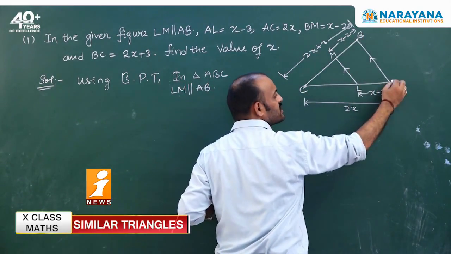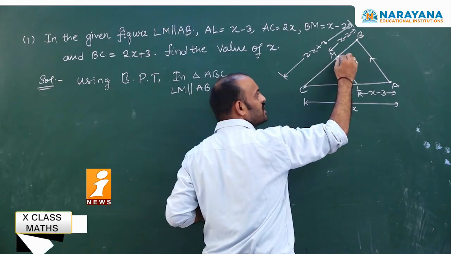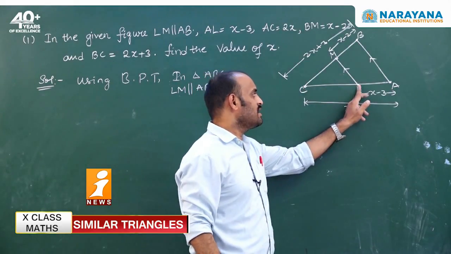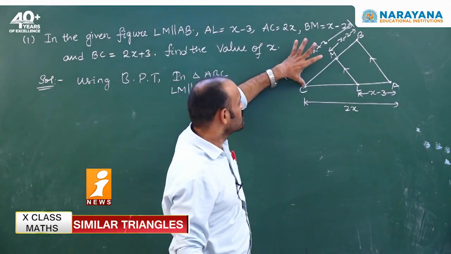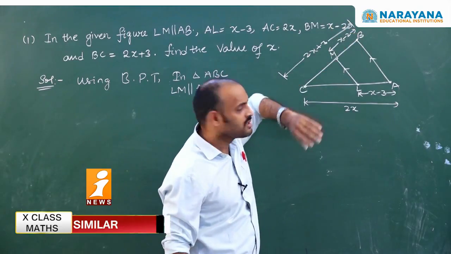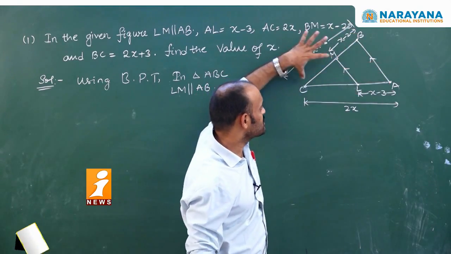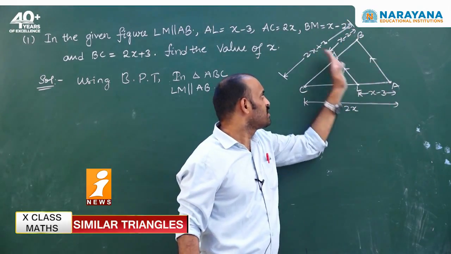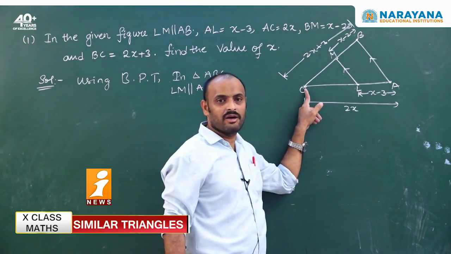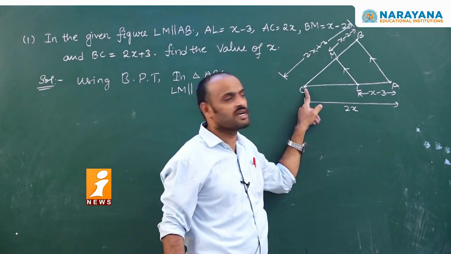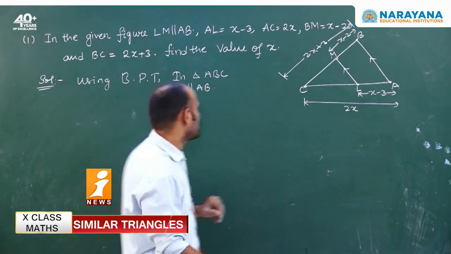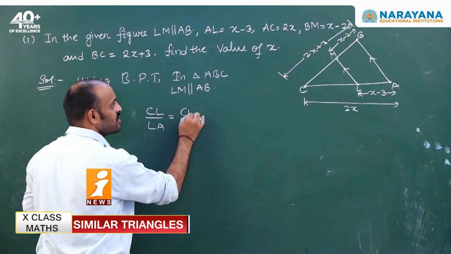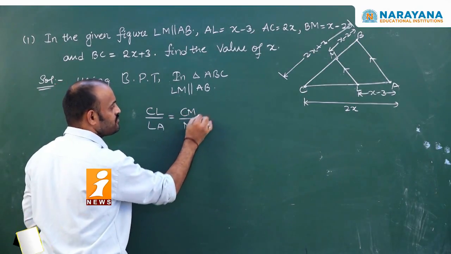As these two vertex points are involved in these parallel lines, the remaining vertex is C. From here I need to start. CL by LA is equal to CM by MB.